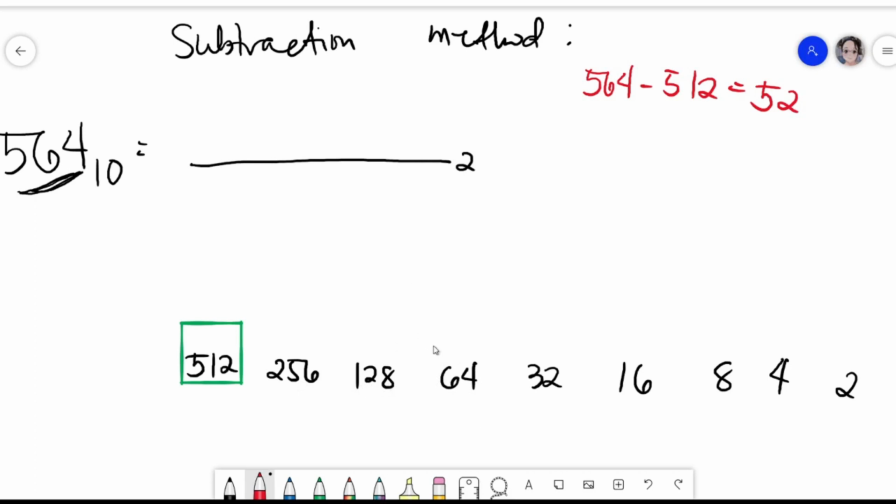So let's use 64. We cannot use 64 actually because lapaw di siya sa 52. So let's use number 32. Okay, instead. So atong gamiton sa 32, 52 minus 32 is 20.